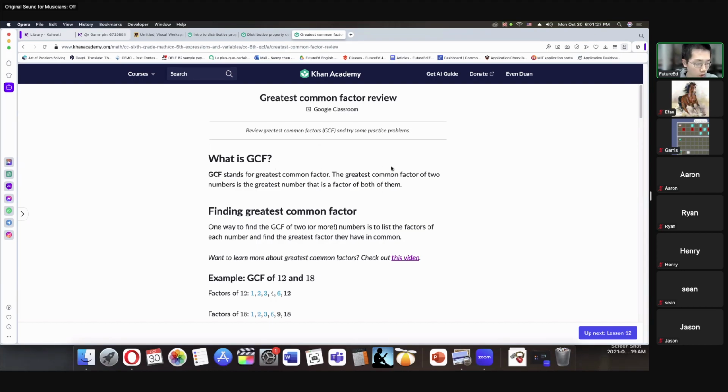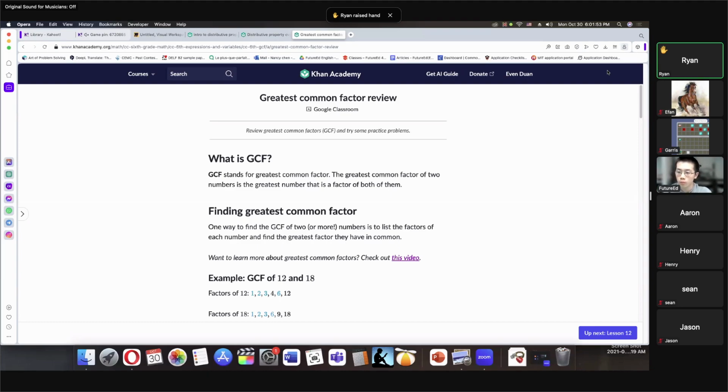So without looking at the screen, pretend you haven't seen my screen and you're like, what is greatest common factor? Okay, Ryan, go ahead. So the greatest common factor is the greatest factor between two or more numbers. What does that mean? So if I gave you two numbers, for example, how would you find the greatest common factor?